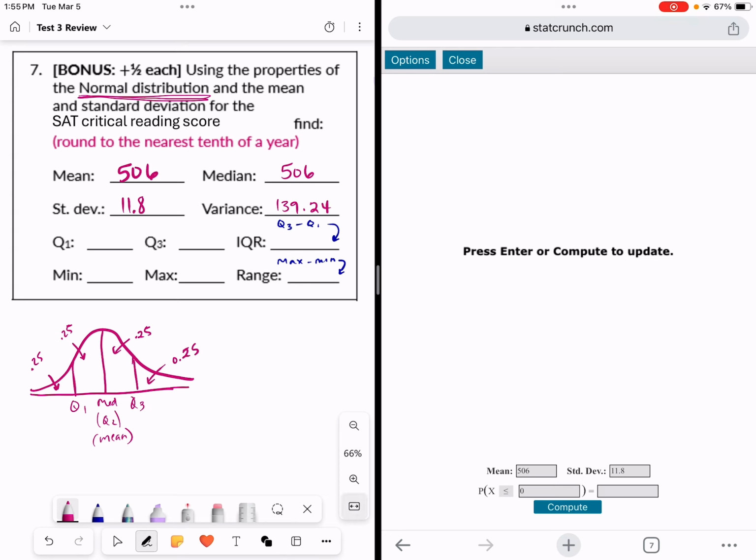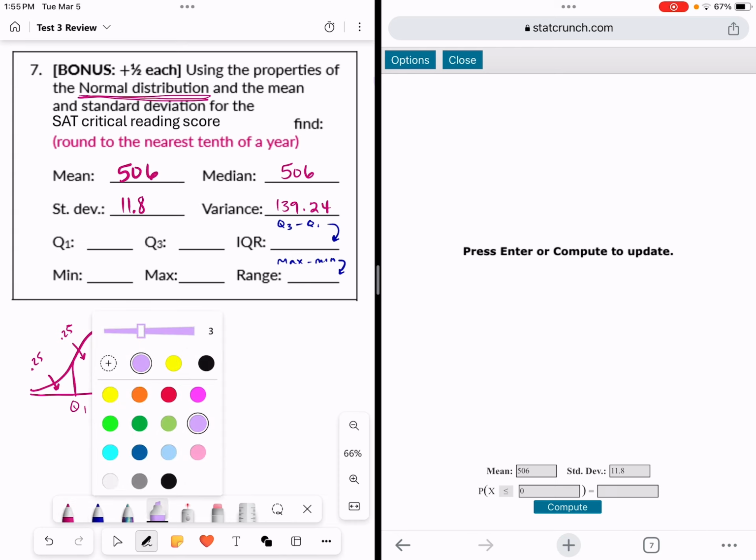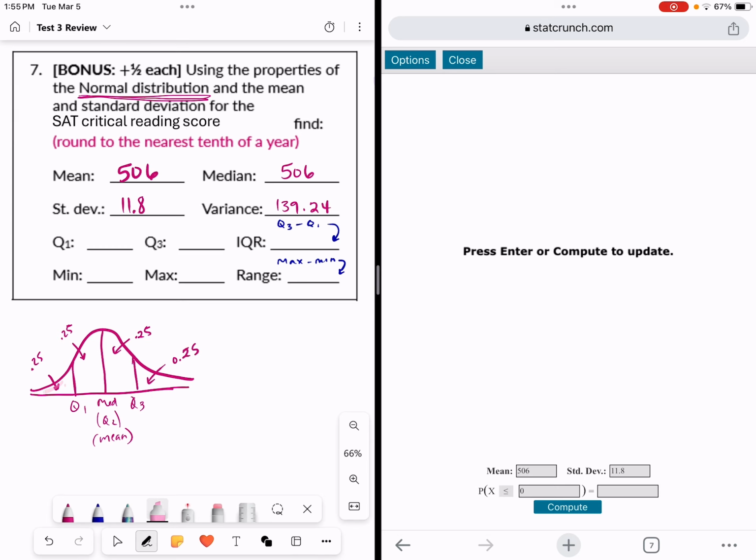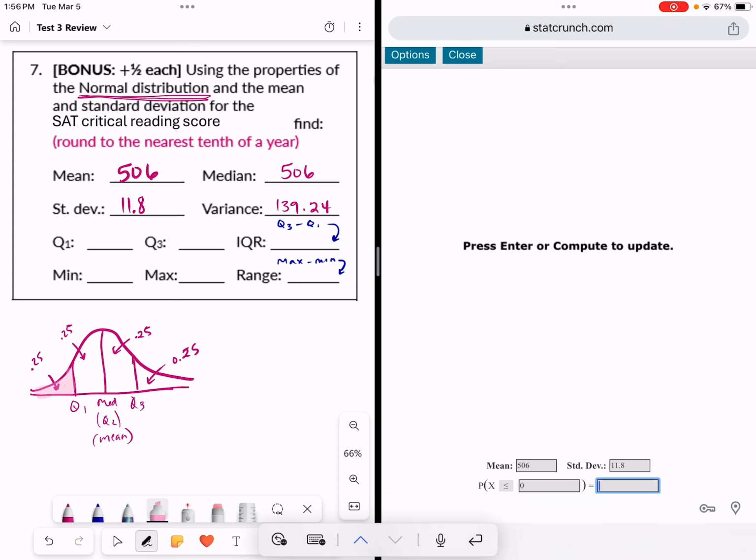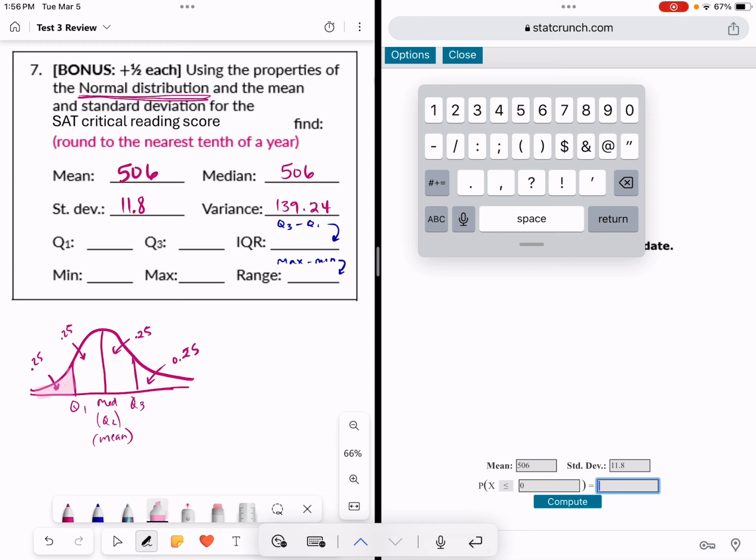And so I could consider this being everything that is less than or equal to the first quartile would be the 0.25. So I actually know the area over here. And let's see, I need my keyboard. Show keyboard. So I'm going to ignore that 0. I could delete it, but it'll replace it as soon as I start typing. So I want to do 0.25. Oh, hold on, I don't think I got the decimal in there.